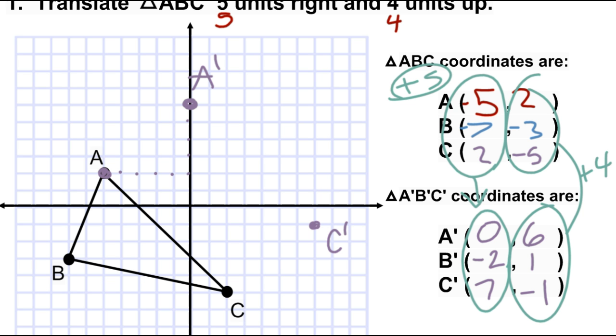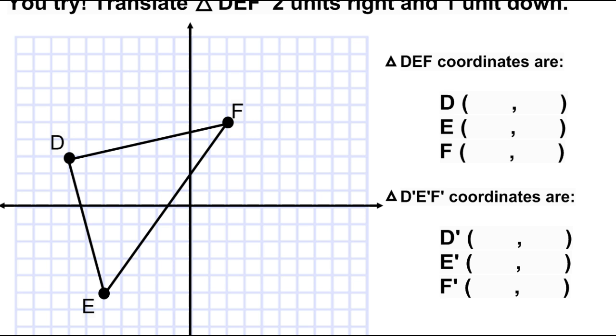So can you translate without using a graph? Yeah. Sure you can. Okay. Do the next one. Do it on your page. This time we're going right and down. 2 right, 1 down. D prime, E prime, F prime.